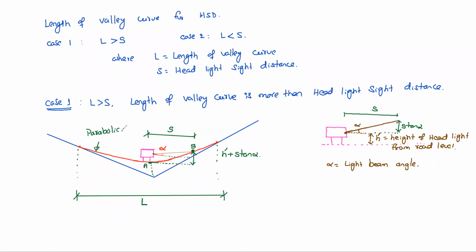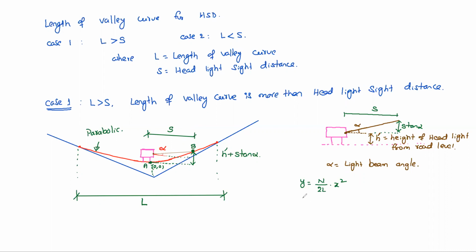The parabola equation we know, that is y equals k x square, and the k value we already derived yesterday in the summit curve, n by 2L into x square, is the equation of the curve. Assuming the center position as origin, 0, 0, the B point will have x coordinate s, y coordinate h dash plus s tan alpha.